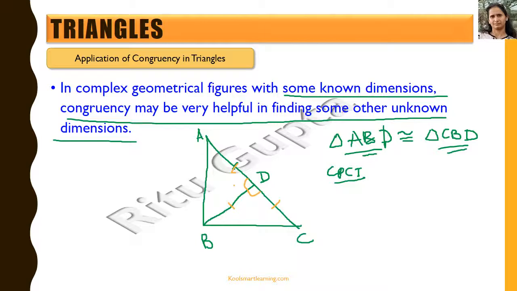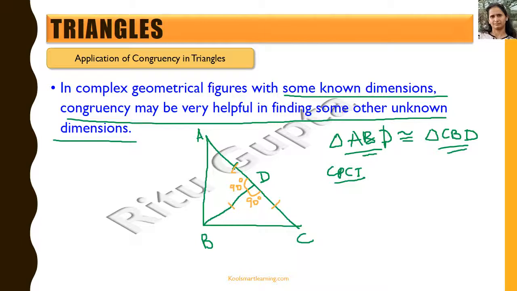If these two angles are equal, they have to be 90 degrees, because the sum of these two angles is clearly 180 degrees and these two angles are equal, so that means each one of them has to be 90 degrees.